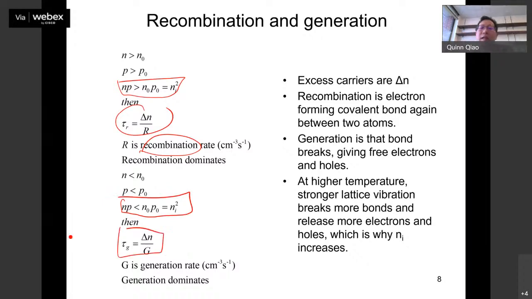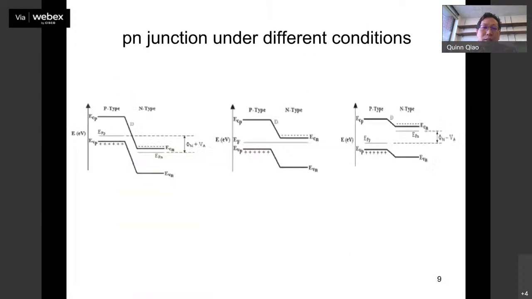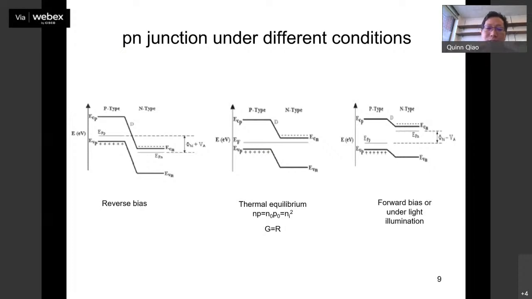The system likes to stay at n0 p0. If the product is smaller than that, you generate more; if it's bigger than that, you recombine and reach equilibrium. Here we talk about reverse bias, thermal equilibrium, and forward bias. This is the state the system wants, so if you are here, you need to move back to there.